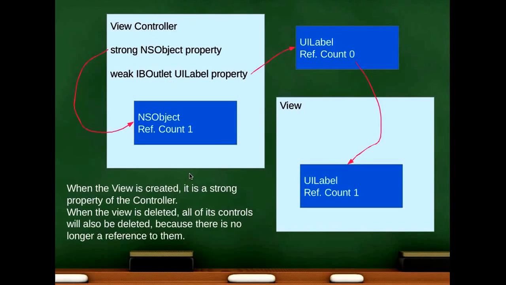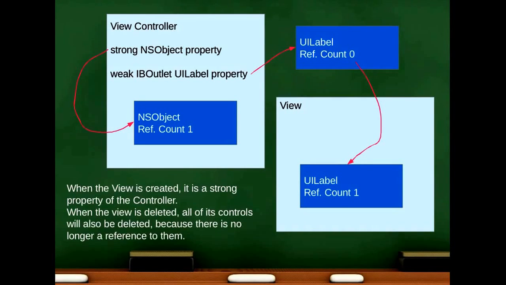Now when the view is created, it itself is a strong property of the controller. We don't see this because the view itself in Interface Builder is just a big XML file. That XML file is compiled into a UIView object that becomes a property of the view controller. That happens behind the scenes. We don't see that happening. But it's created.